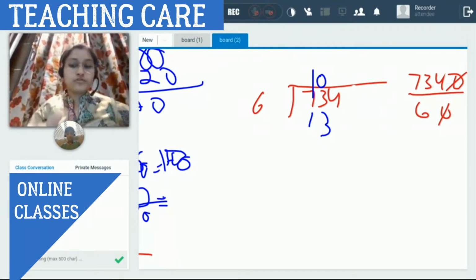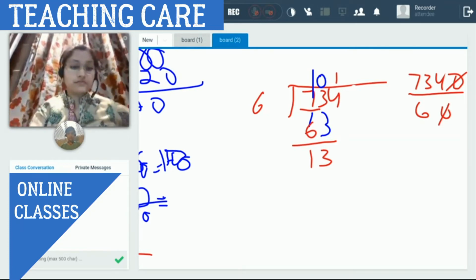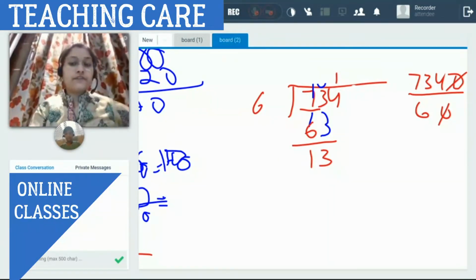See, the first digit is 7, so you can take 6, 1: 6, 7, 6, 1. Then drop down the 3 and proceed further. We need to take one by one.